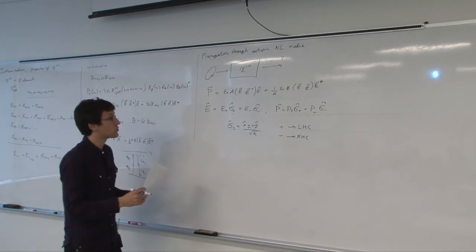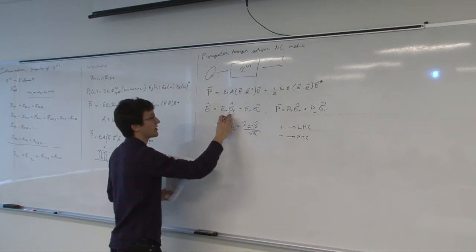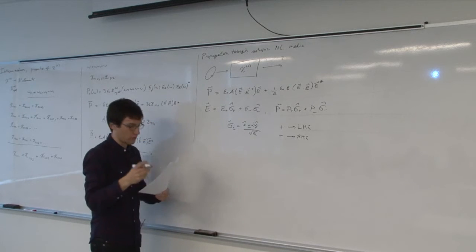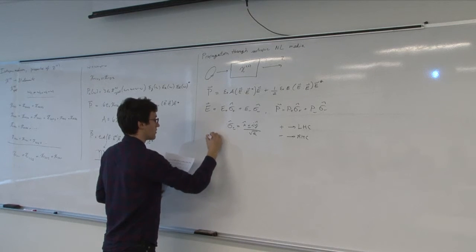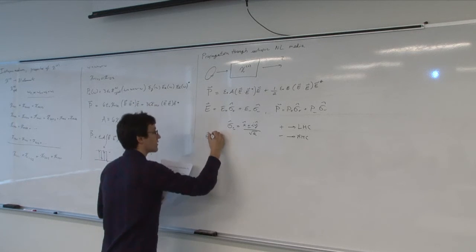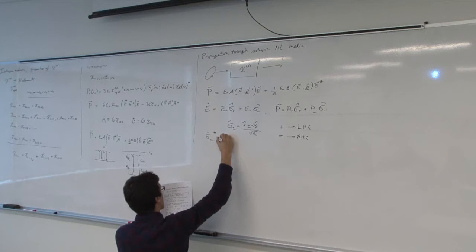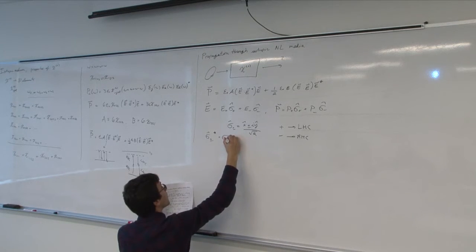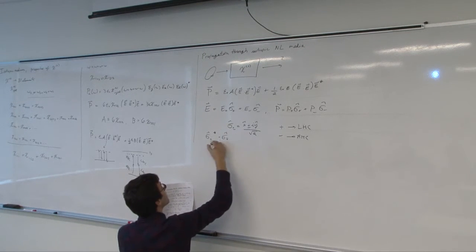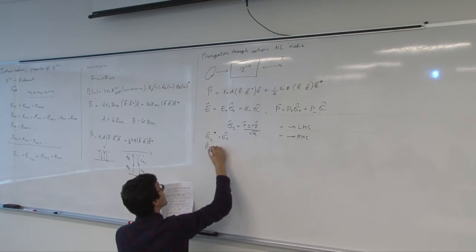Those vectors, sigma plus and sigma minus, have properties, and just to make things thorough, we'll write down those properties. So the complex conjugate is given by minus or plus. Now the dot product.